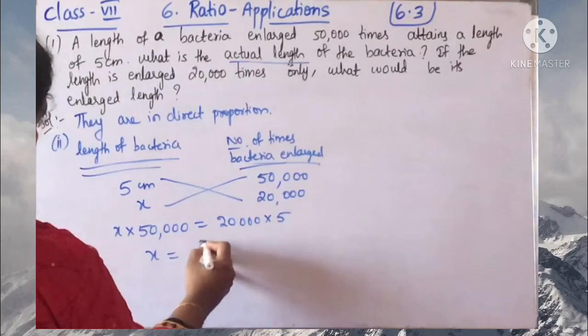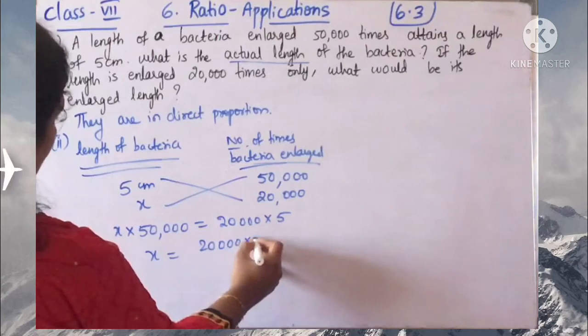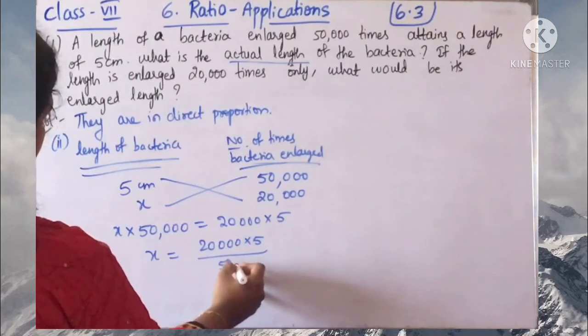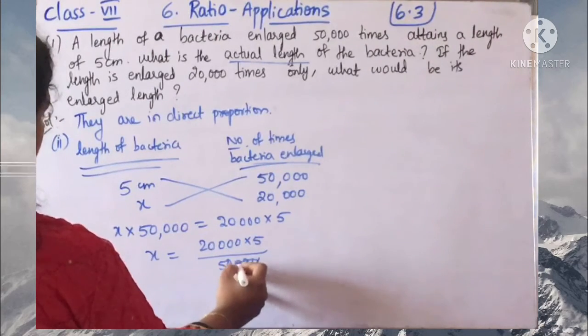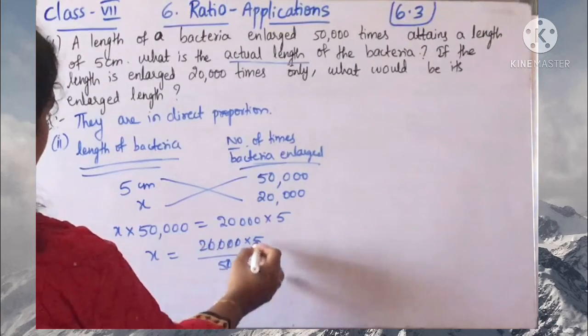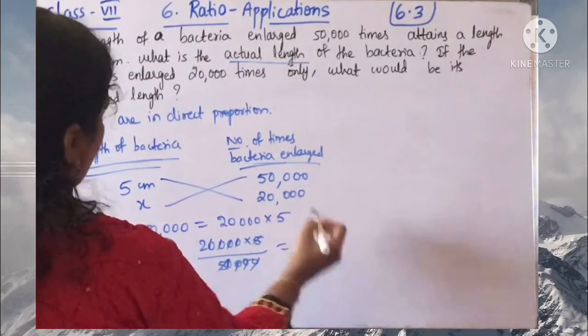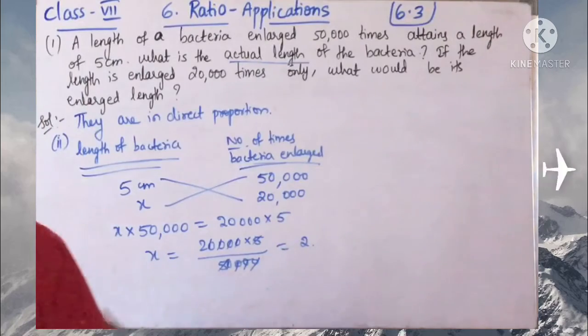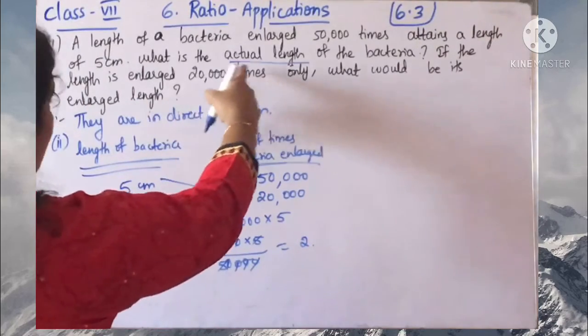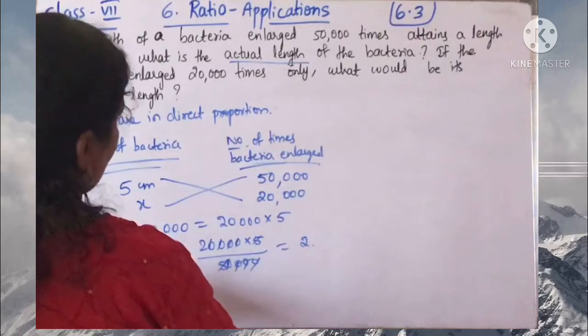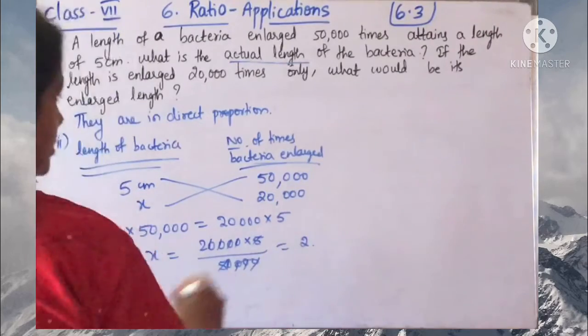So what is x, children? 20,000 into 5 by 50,000. Right? So the zeros, here we can cancel. 5 and 5 get cancelled. So finally you get the answer 2. When it is enlarged 20,000 times, what is the length of bacteria? 2 centimeters.